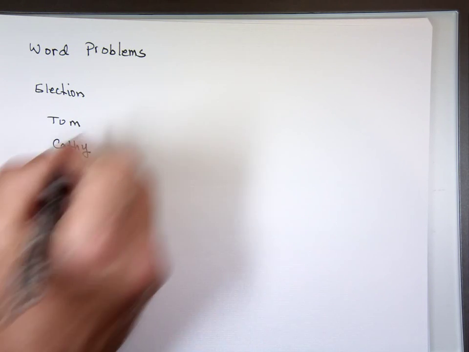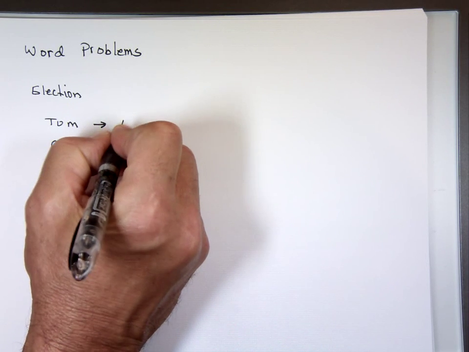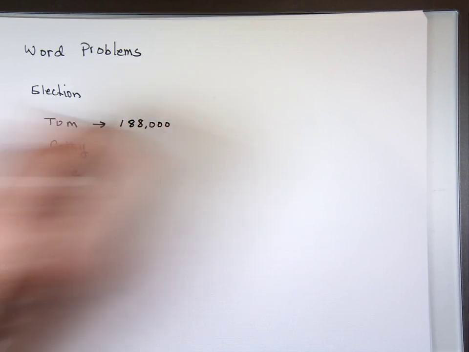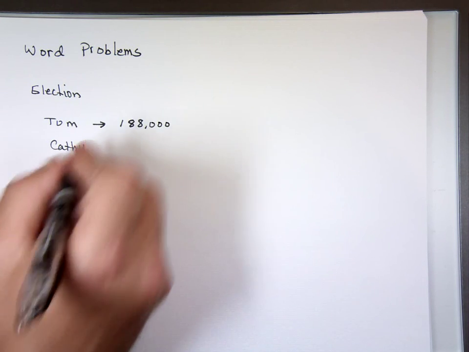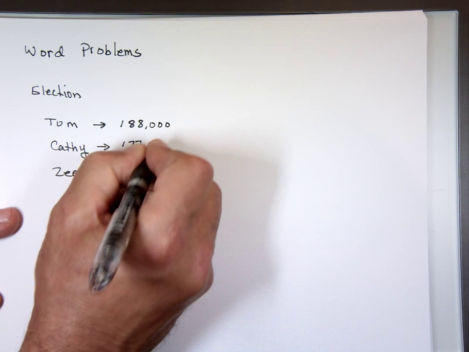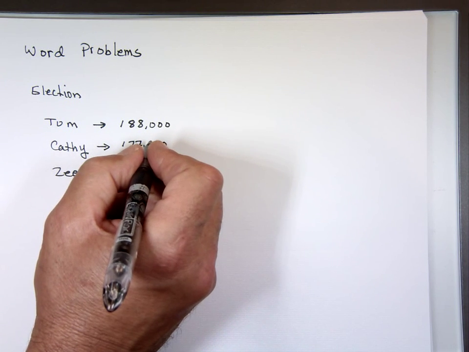Tom received 188,000 votes. Kathy received 177,000 votes. Z didn't do well.